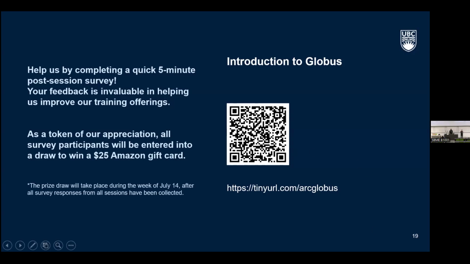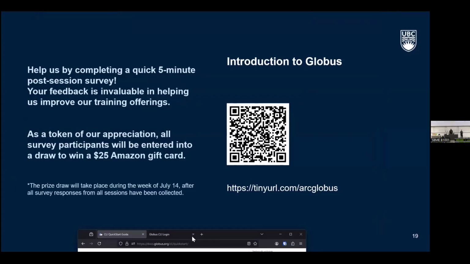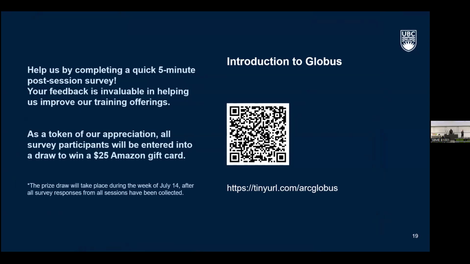Yes, there is documentation. We're looking for ways to make it easier, but it's not through Globus. It wouldn't be done through Globus because Globus essentially is to help facilitate data sharing and data transfer.